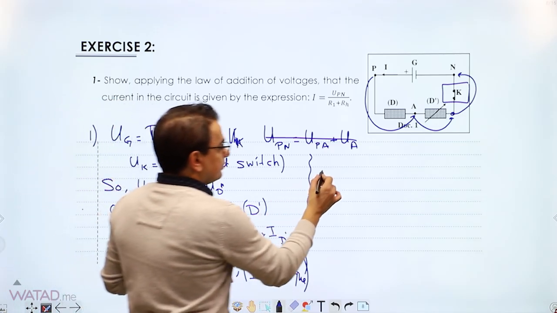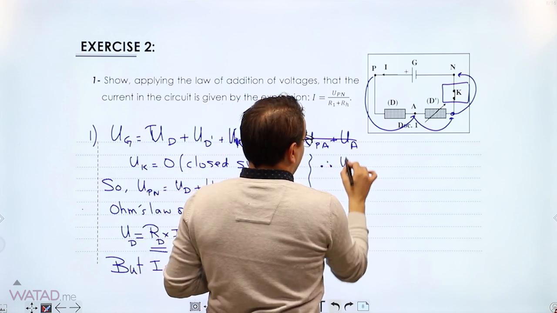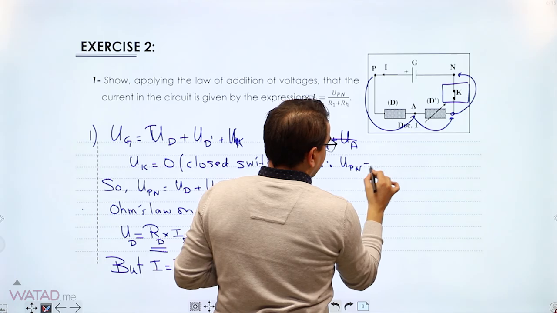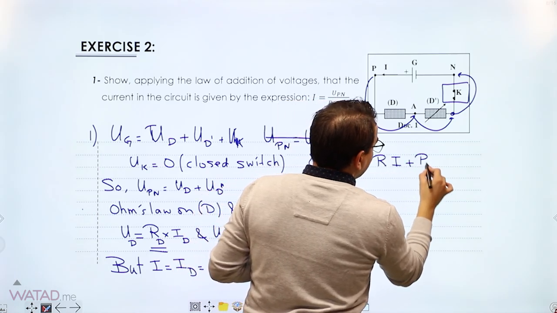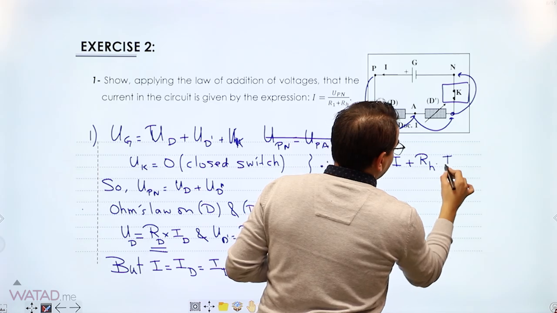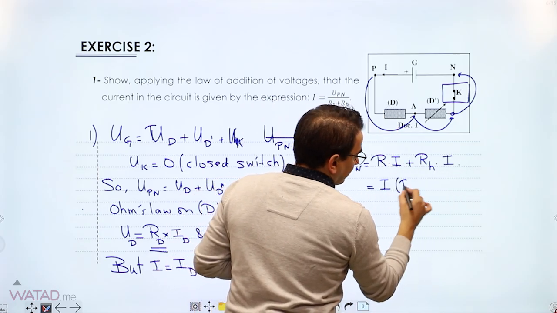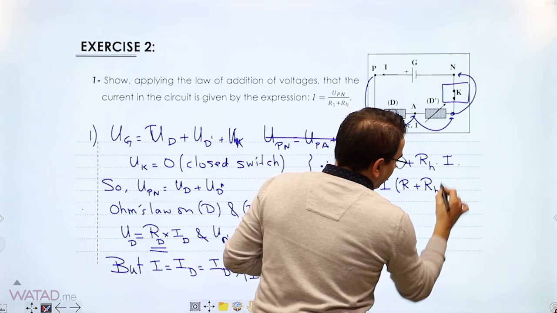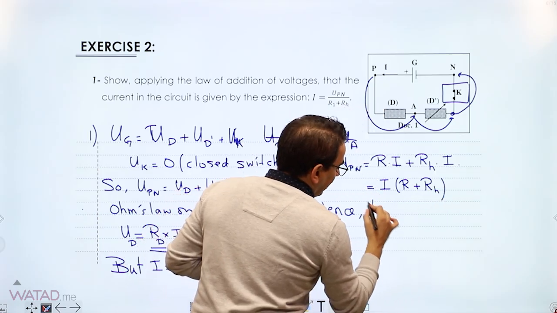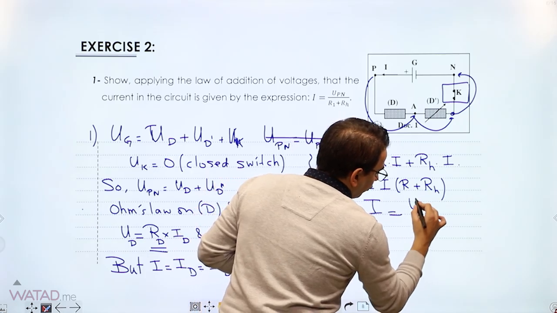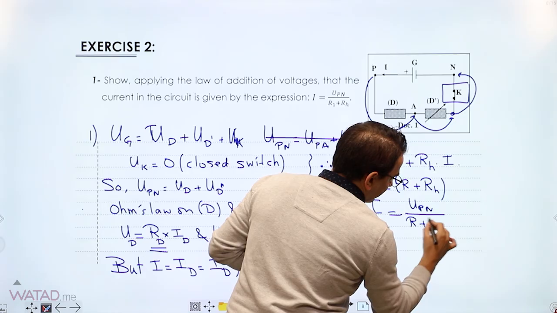Therefore, UPN is equal to R times I plus RH times I. Taking I as a common factor, R plus RH, hence I can group things together: I equals UPN over R plus RH.